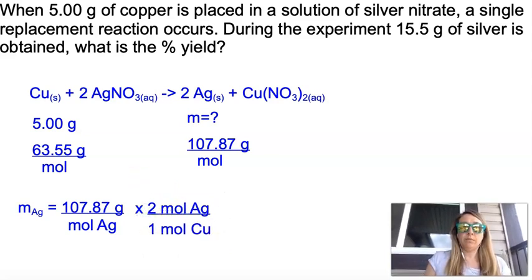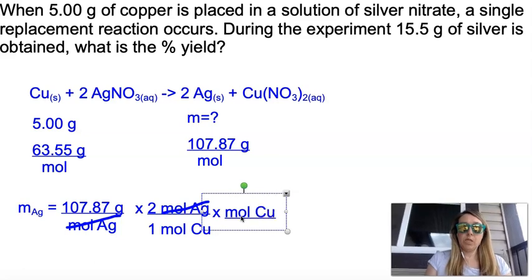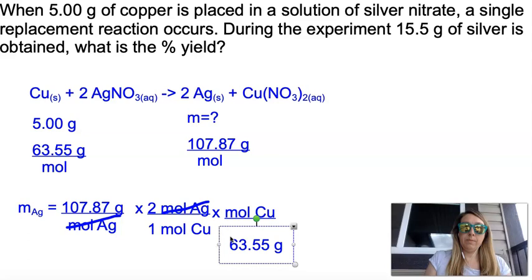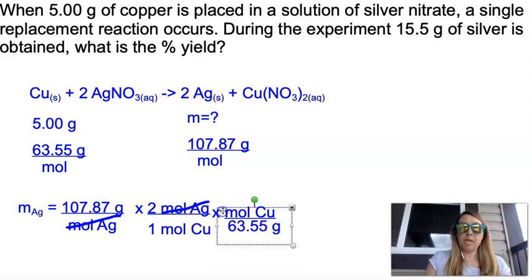Okay, from there, we can eliminate moles of silver. We need to get rid of moles of copper. So to do that, we're going to use the molar mass of copper. So we're going to go times moles of Cu over 63.55 grams. That lets us get rid of moles of copper. Then we need to get rid of the grams of copper, so we are going to use that 5 grams.